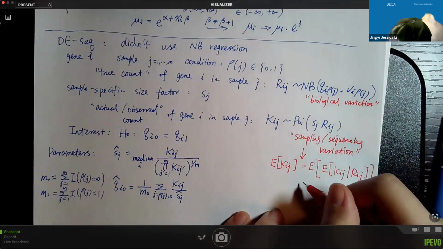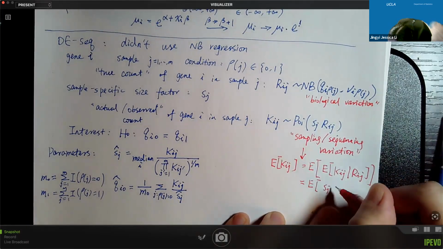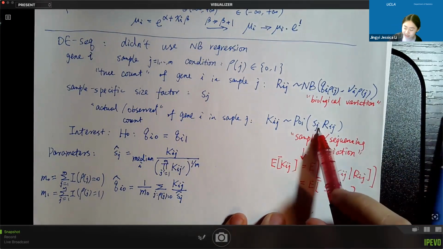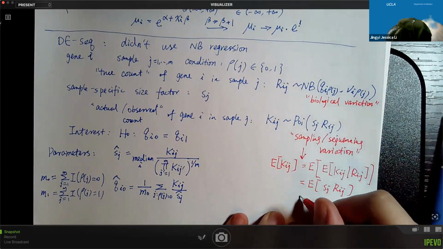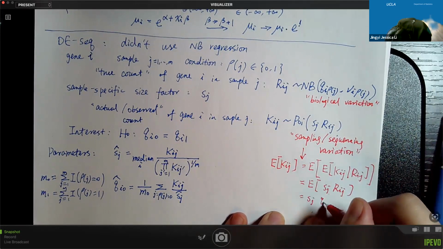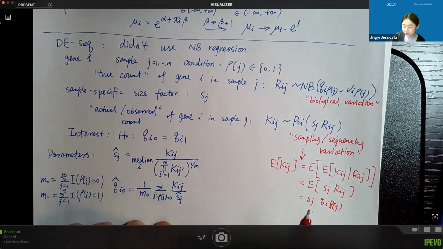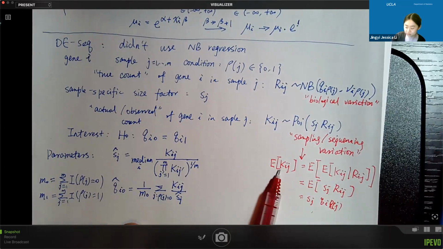And for the inner one, it's based on Poisson. We know its expectation is Sj Rij. Because Sj is a constant, it gets out. And the expectation of Rij is Qi rho j. So we get Sj Qi rho j. Seeing that, the expectation of Kij equals this. So to estimate this Qi rho j, you would divide Sj into the Kij. That's what they did here.